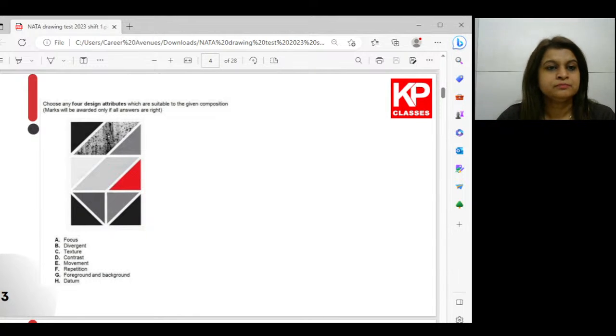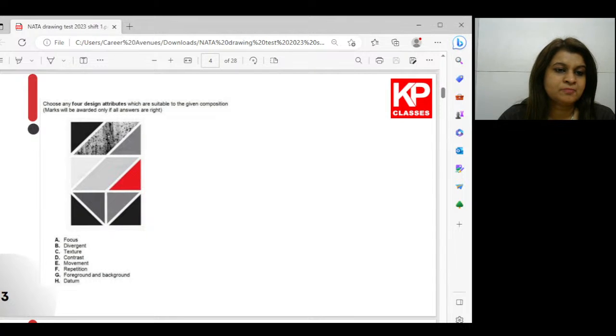particular images. So again, the question says that you have to choose any four design attributes which are suitable to the given composition. So there's a composition right in front of you and you have to pick four right options.